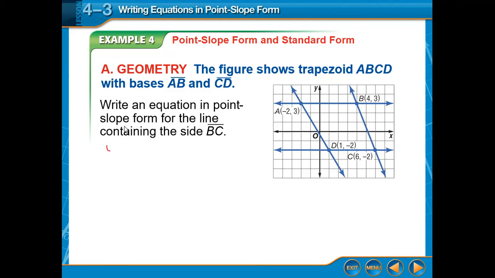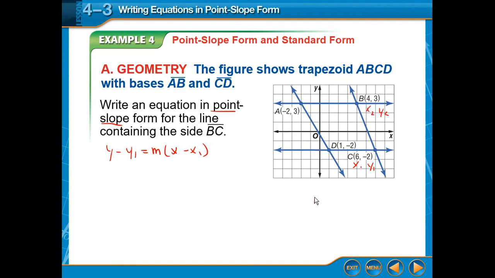In point-slope form, that's y minus y1 equals m times x minus x1. So I need a slope and a point. I can easily find a point. I can call this x1 and y1, but I need the slope.